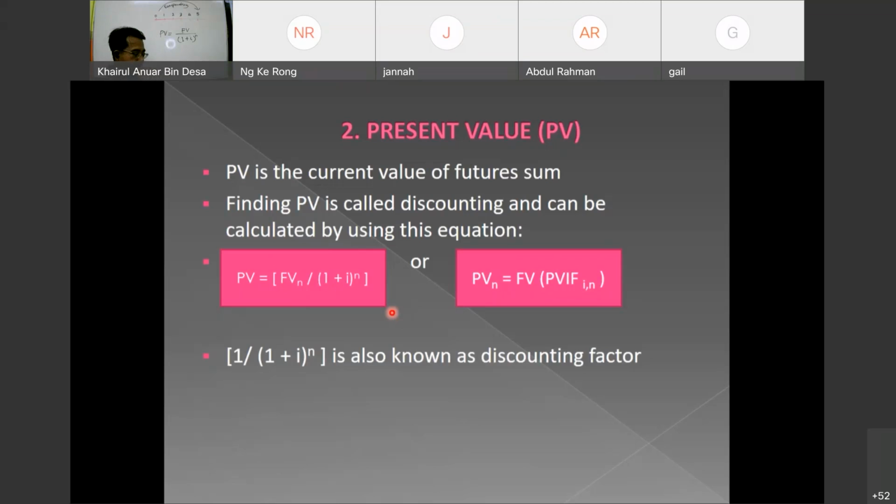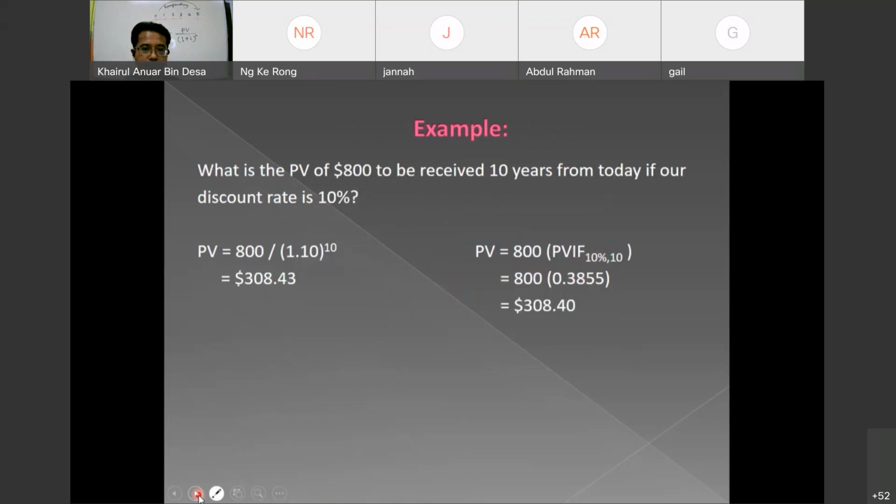Kalau dekat table, kita akan guna the table of present value. Okay, what is the present value? 800 to be received 10 tahun dari hari ini. If your discount rate is 10%. Okay, this is the calculation.